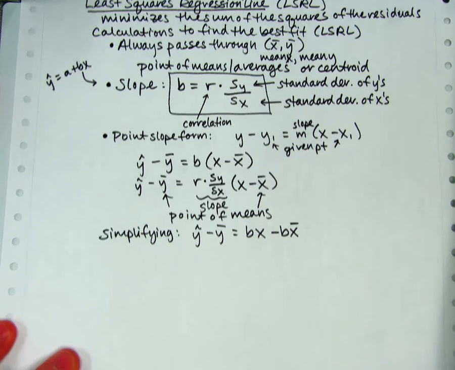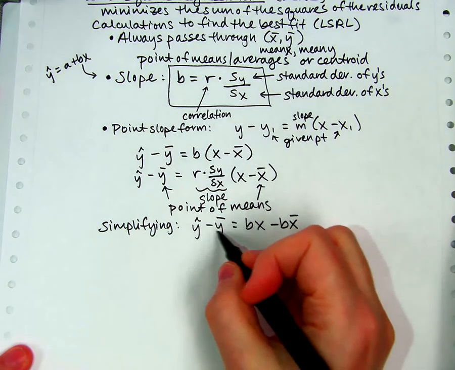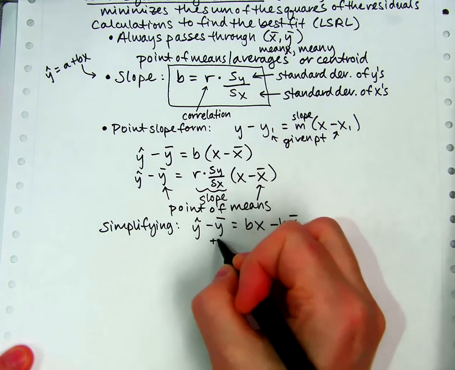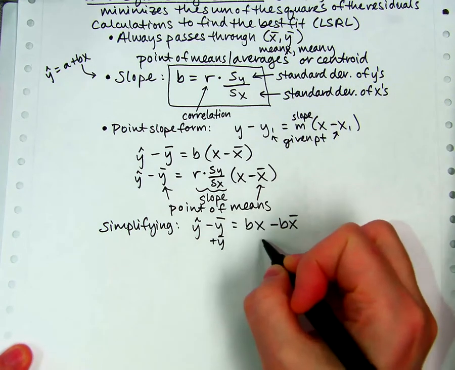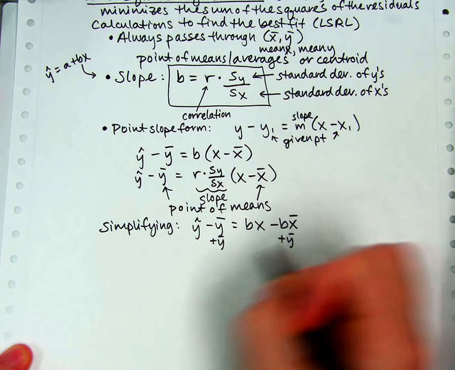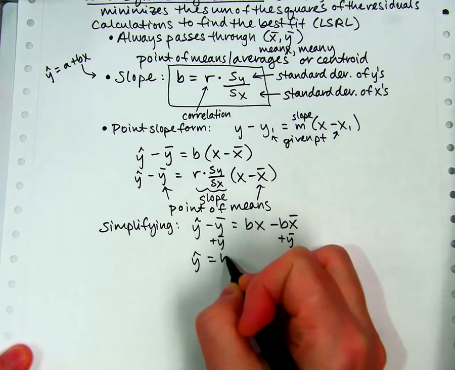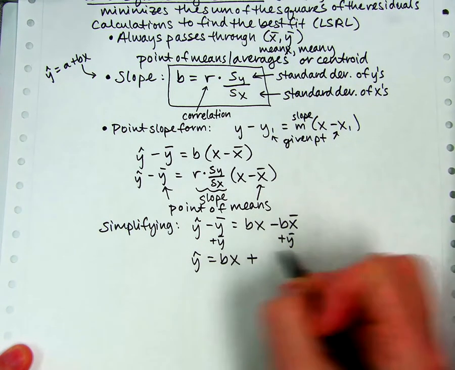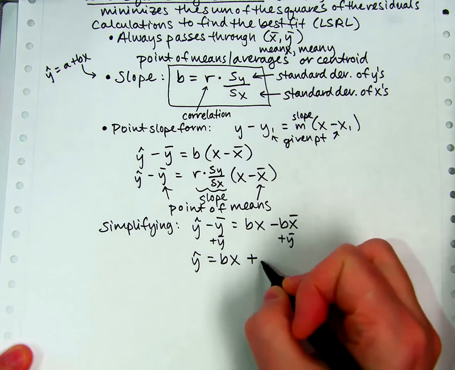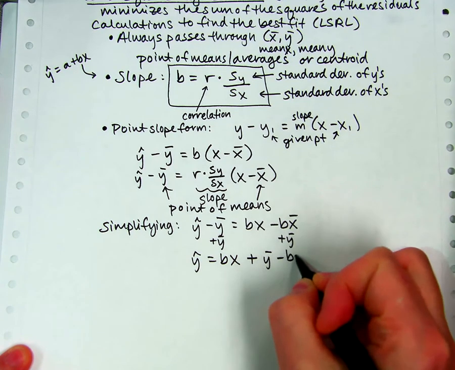If I'm trying to get the equation of my line, I would probably want to add y bar to both sides. Y hat equals bx plus, let's put this one first because it looks nicer, y bar minus b x bar.